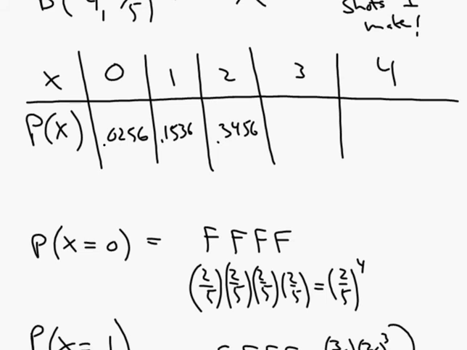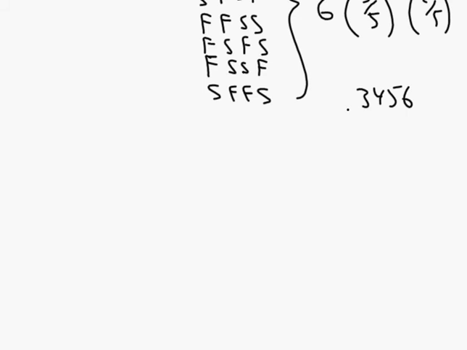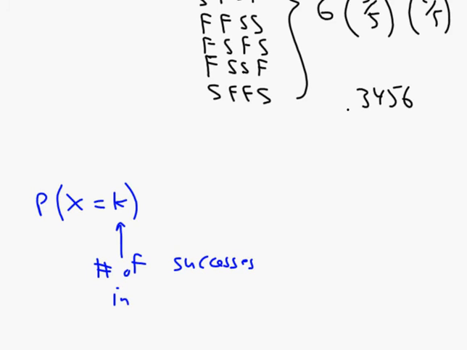And I think at this point you're probably saying, oh, there must be a faster way. And it turns out that there is. You can get the following. Here's the thing: the probability that x equals k, where k is the number of successes in n trials, equals the following.